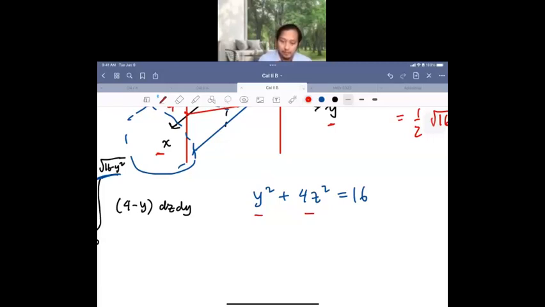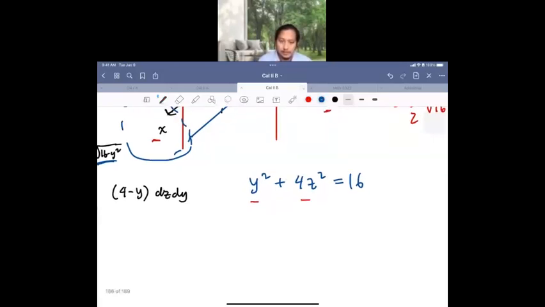First, we have 4. Suppose that y and z have some cos, some sine, and then we need to make up this 2 to make our polars.